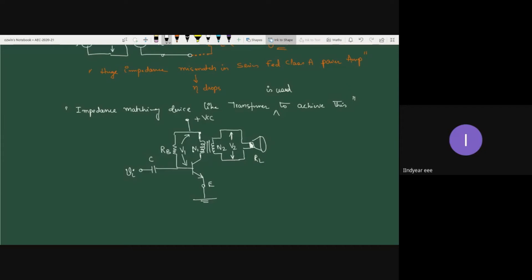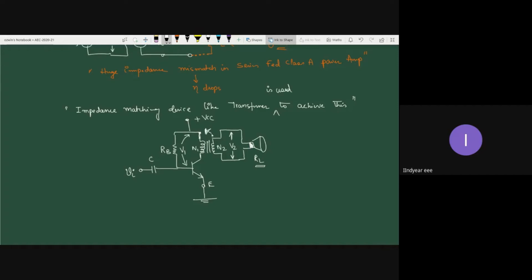V1 and V2 simply represent the RMS values. RL is the load resistance, found on the secondary side of the transformer.